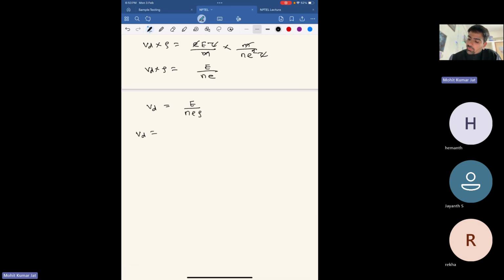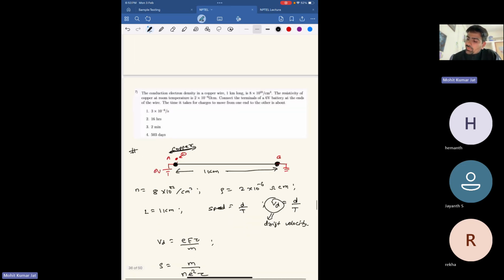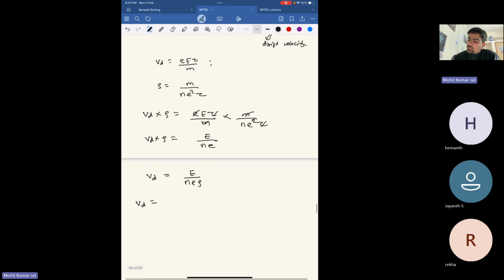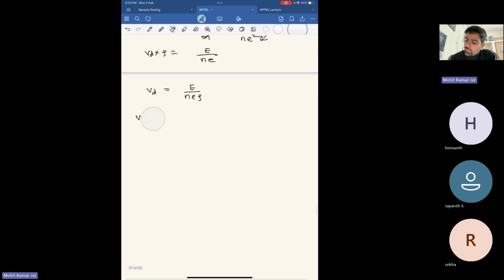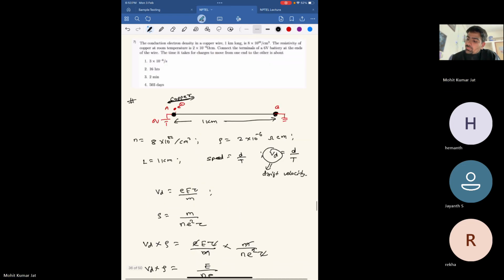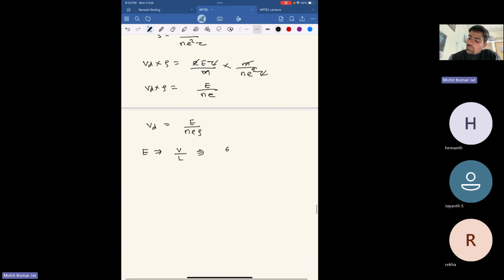And let's just calculate. Potential is given, 6 volt. So electric field will be nothing but voltage per unit length, V by L. So 6 divided by 1 kilometer, so 1000 meter. That will give me 6 into 10 power minus 3 volt per meter.